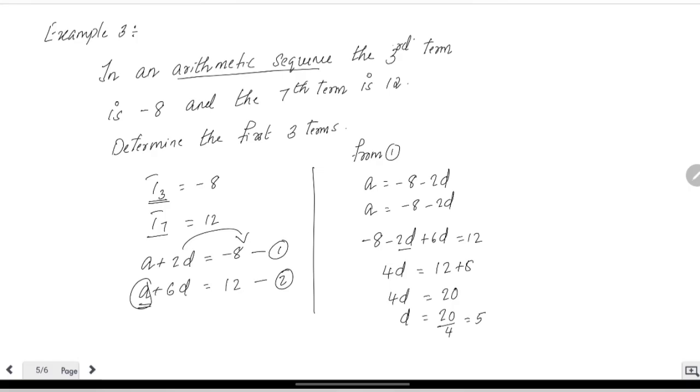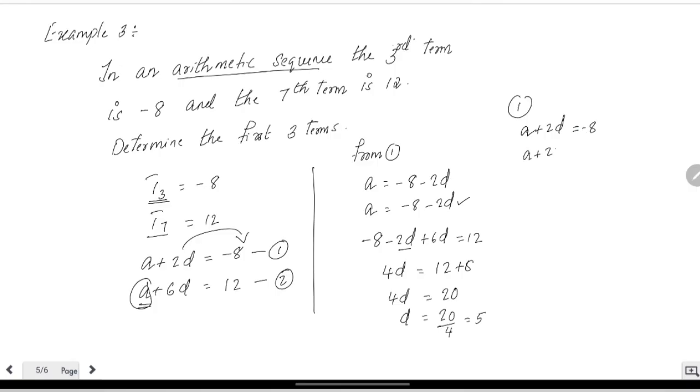So we got the common difference of this arithmetic pattern as 5. Now what do we need? The first term. If you have the first term and common difference, we can find any term in that sequence, isn't it? So how do I get the first term? I can use any one of the equations. Let me use equation number 1. A plus 2D is equal to minus 8.